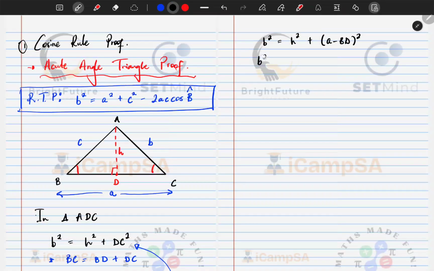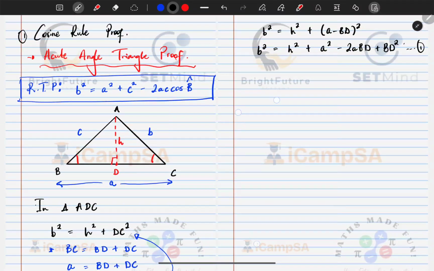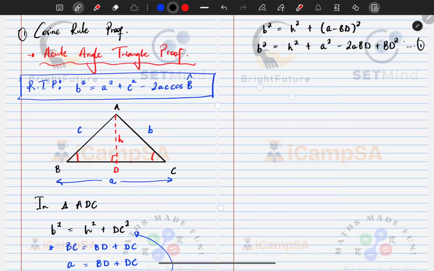So I'm going to have b squared is equals to h squared plus a squared minus 2abd, plus bd squared, right? And then this is going to be my equation 1.